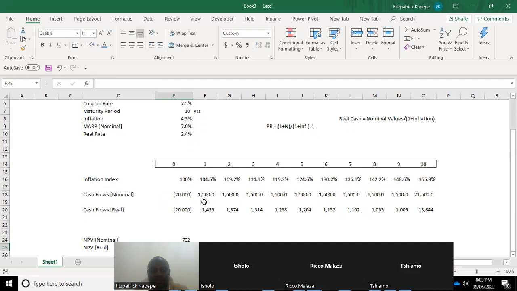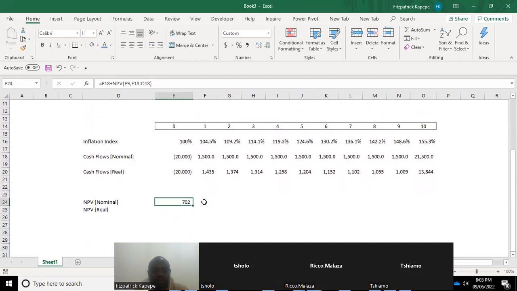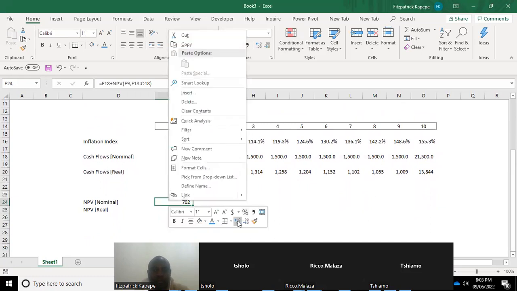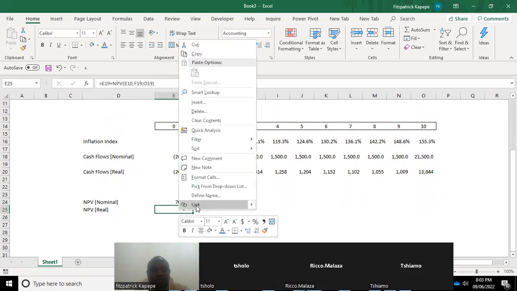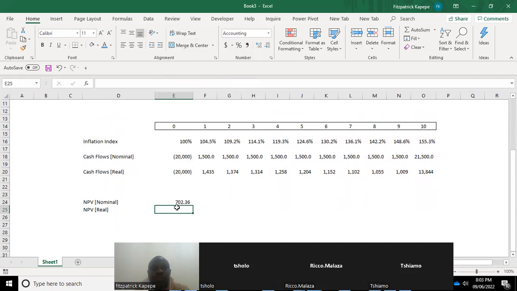Press enter. Then now we go to real. Like I said, there shouldn't be any difference between real and nominal if what you have done is correct.